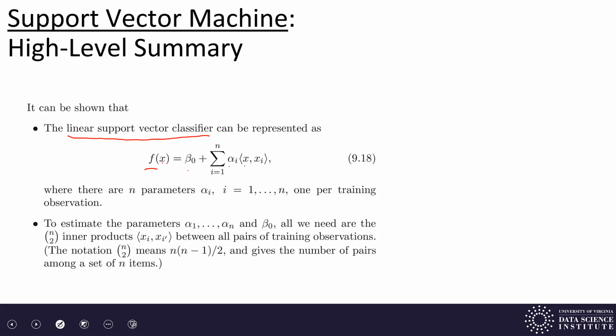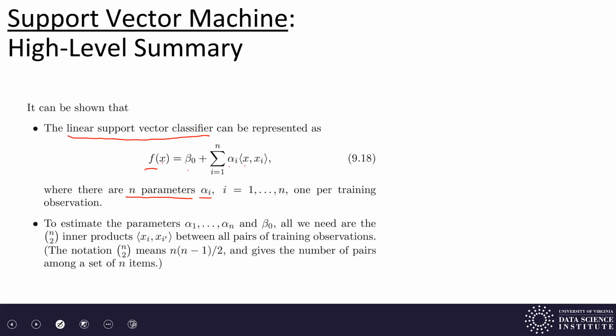If the linear support vector classifier can be represented this way, and we're taking that as an if, we're not showing it can be, but this formula would give you the linear support vector classifier, then you have to estimate these alpha i's, where there's one alpha i for each training example, and that gives us n parameters. There are n training observations.